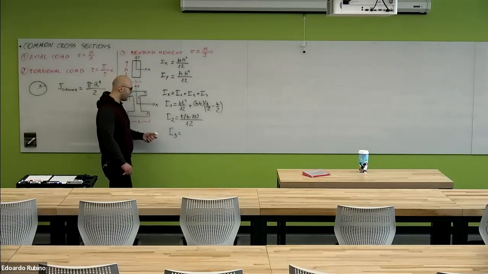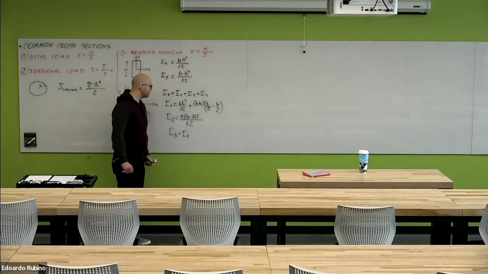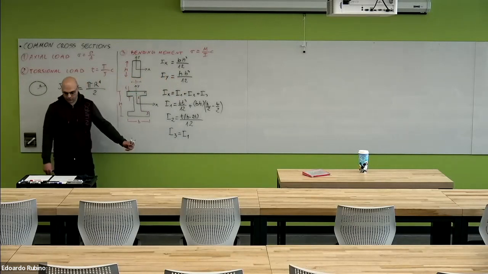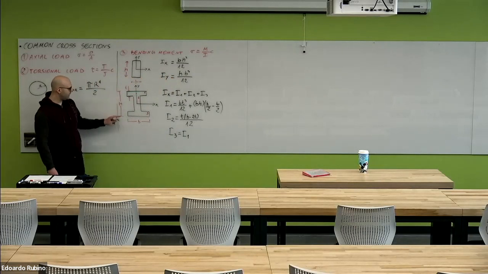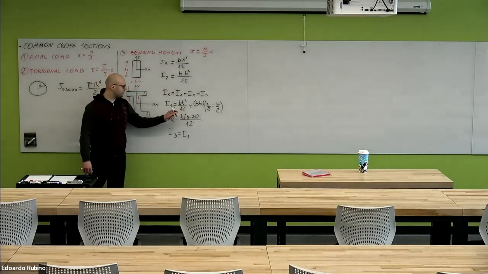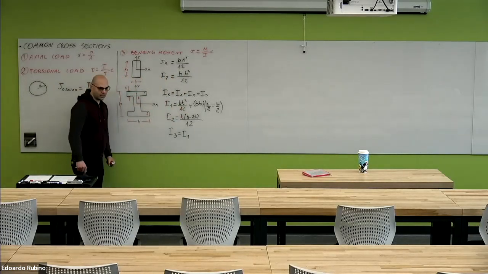So basically, I3 is equal to I1. And then once we have all the dimensions of the cross section, the height, the base, and the thickness, we can apply these equations so that we can obtain the moment of inertia with respect to the horizontal line.